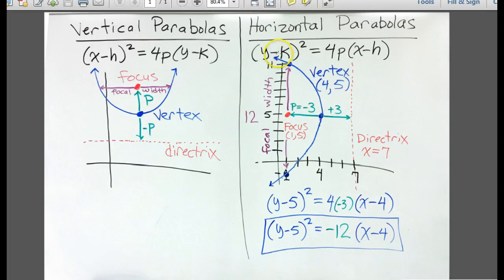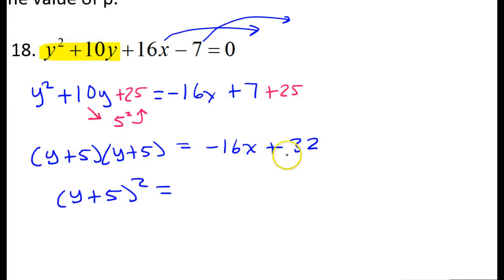Okay, so now I have this portion of the equation done. Notice how this portion of the equation, you're normally going to have a value in the front, this 4p. Like looking at this example right here, I've got negative 12 in front of parentheses. So we need to make that happen. The way you create the parentheses is you factor out whatever this number is in the front.